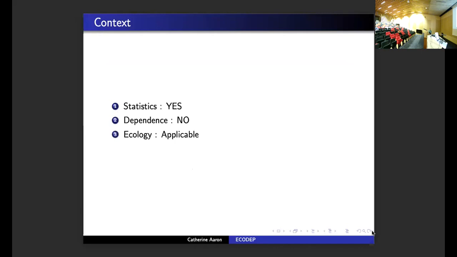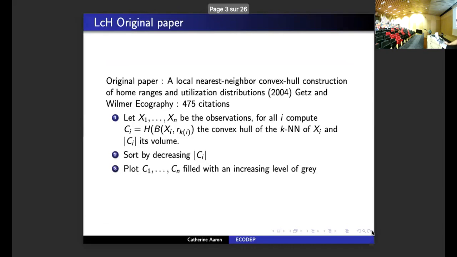But it's a method which is clearly applicable to ecology problems. I will talk about a paper, not in math from the beginning, the paper from Yates and Wilmer from 2004. It is very popular.